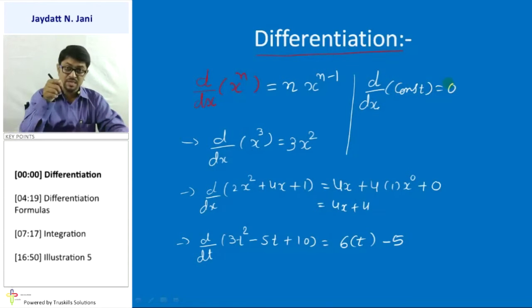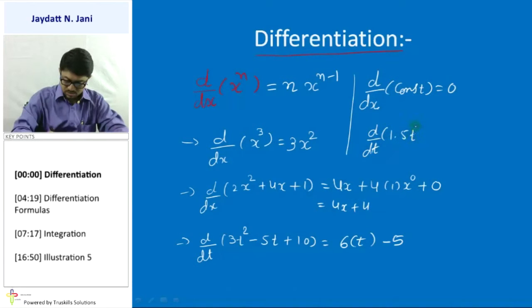Now you understand, in the case of instantaneous velocity, here we have the value x equals 1.5 t square. If I take the differentiation with respect to time, now you tell me, what is the differentiation of 1.5 t square? That 2 comes forward, so that is 3t.